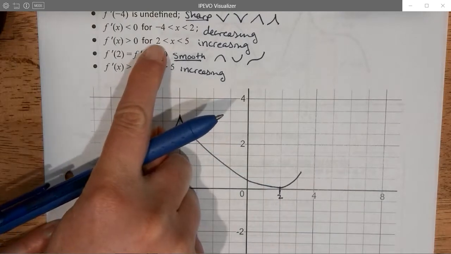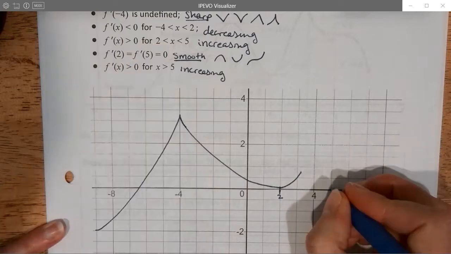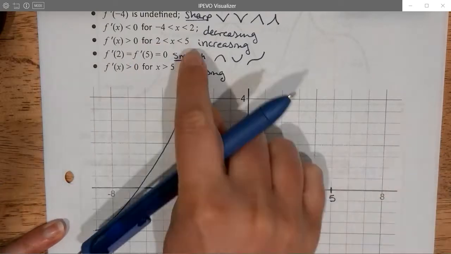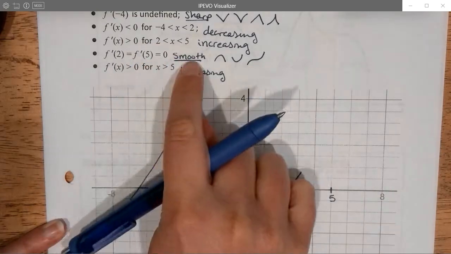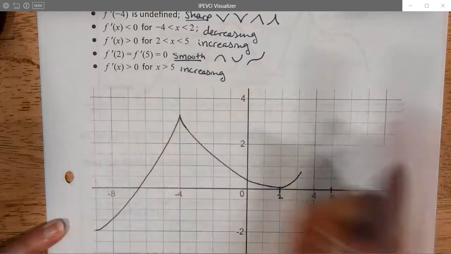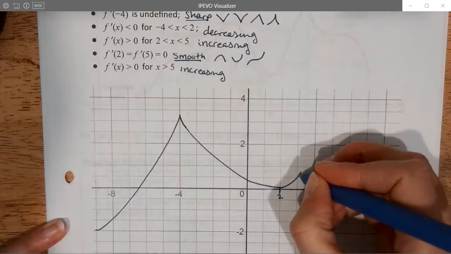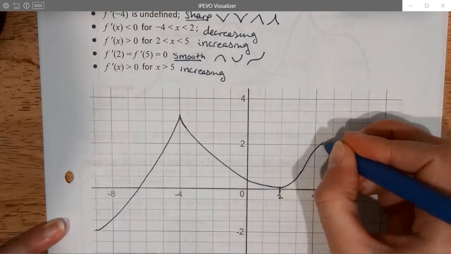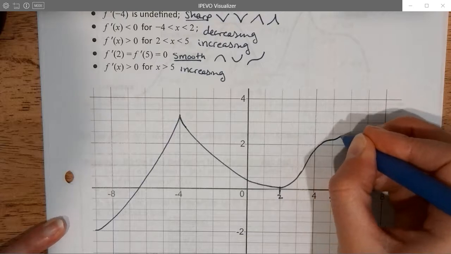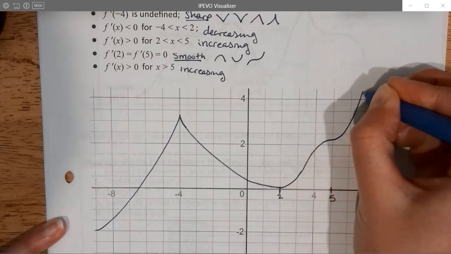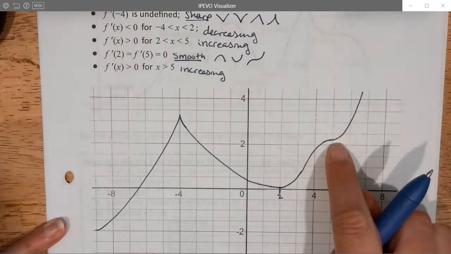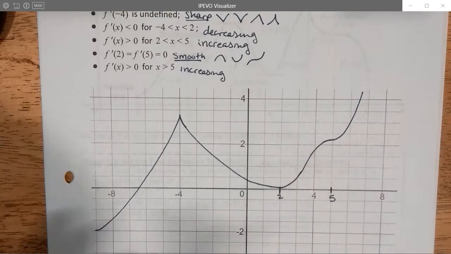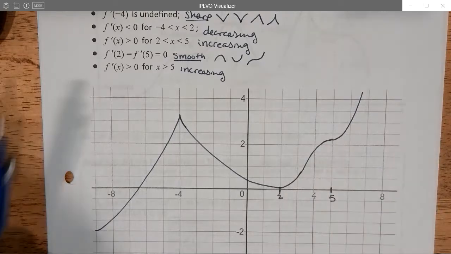We're going to increase between 2 and 5. So here's 5. Okay, now at 5, again, we need to be smooth, and at 5, we're going to continue to increase. But I do have to have a place where the derivative is 0. So I'm going to flatten out in a cubic type swish, and then continue to increase. So the derivative is actually 0 right there, but I continue to increase on both sides.